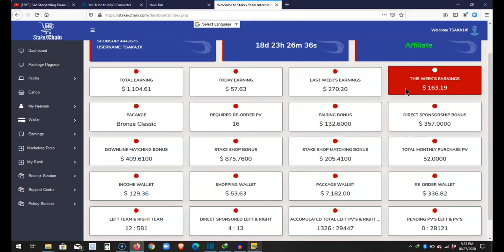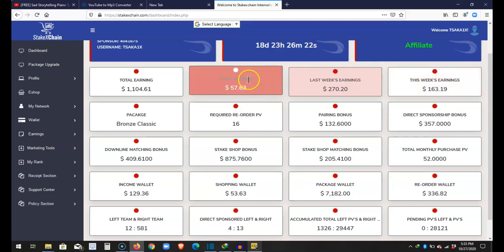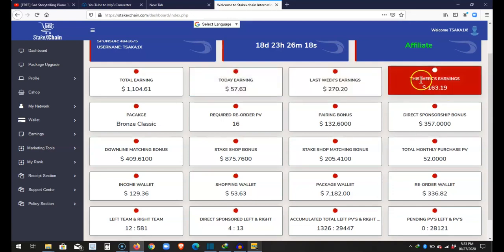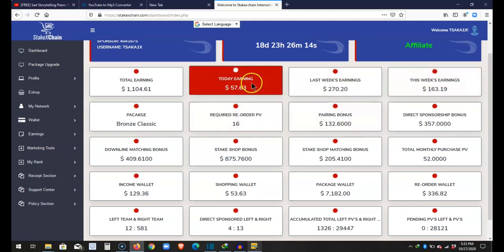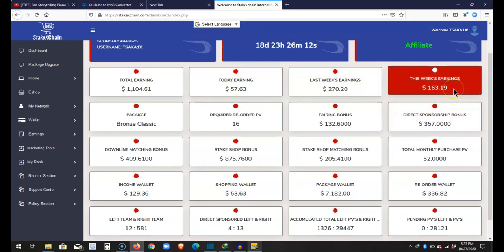It shows the total new cash that you've earned for the present week, all the way up to the day of viewing. So this week's earnings is going to be the total of today's earnings. Whatever you get today will be added to this week's earnings, and the following day, whatever you get will also be added, and it calculates it day after day.